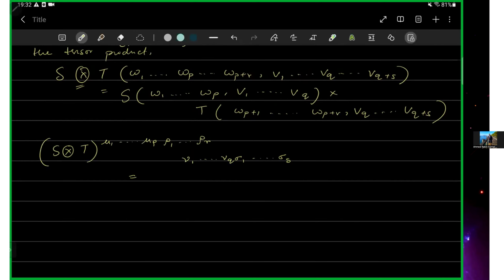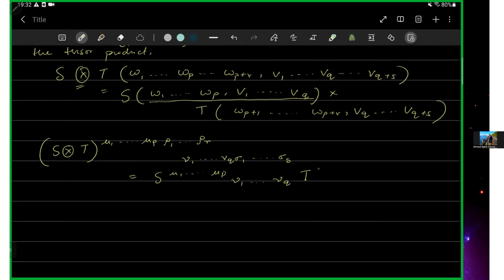So this would just give you S having indices up to P, Q. I'm just incorporating what I wrote over here with the indices over here, for you to not get confused.